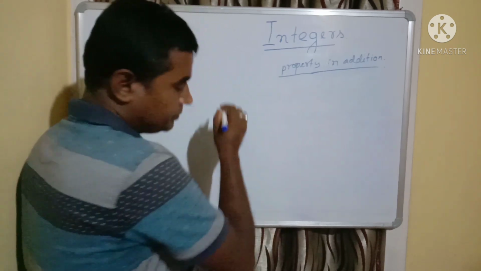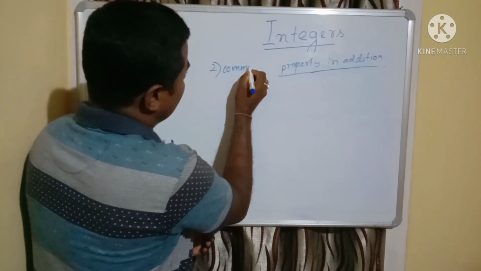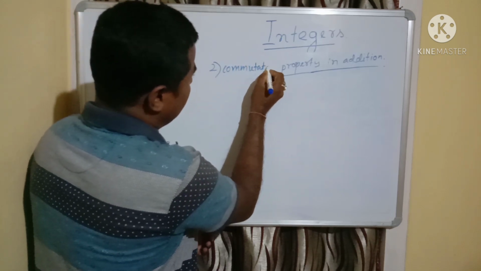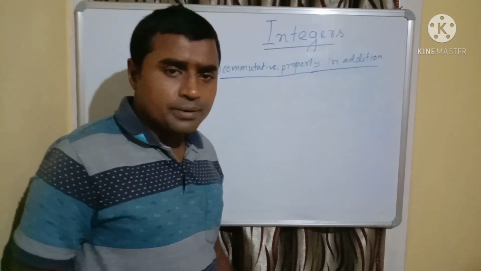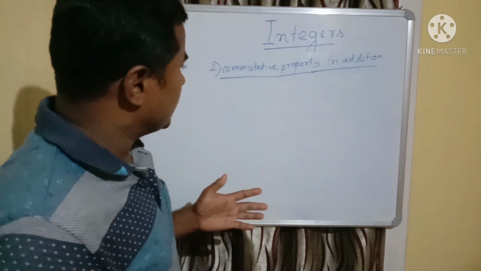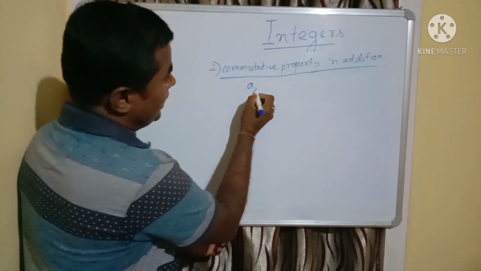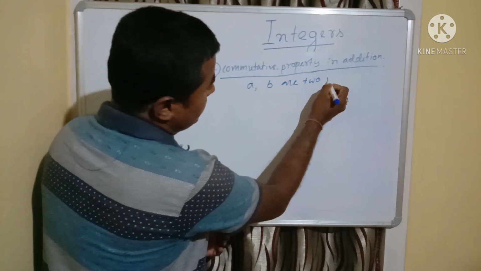The next property is the commutative property. Suppose A and B are two integers.